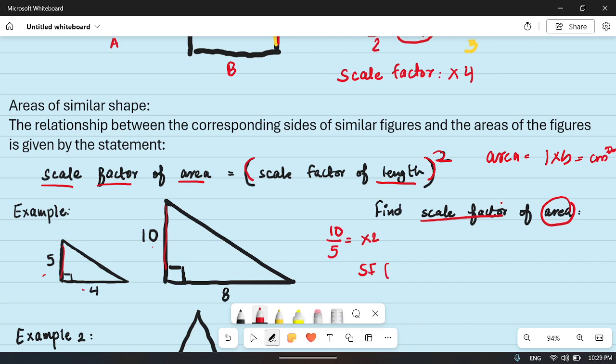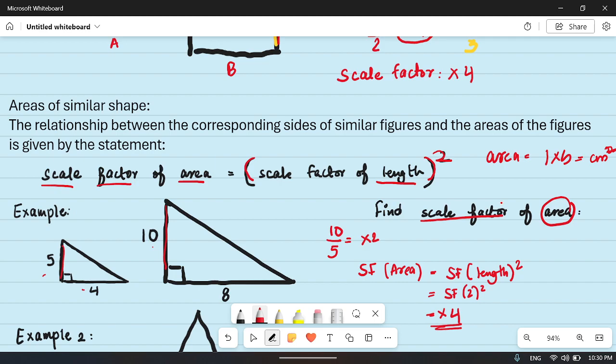Scale factor of area is the same as scale factor of any length squared. So 2 squared gives us 4. That's the scale factor of the area.